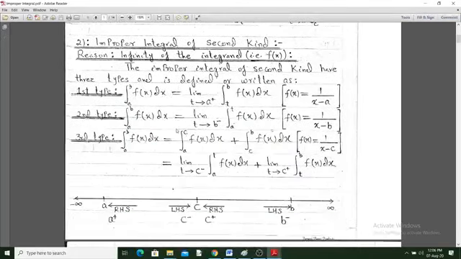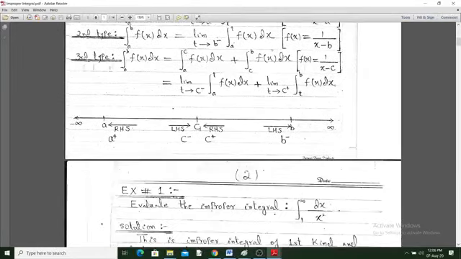Now before computing improper integrals of the second kind, I recall for you some facts from real analysis of first year. You know that on the real line from minus infinity to infinity, for any number c between a and b, we can move in two ways, either from the left hand side or the right hand side.